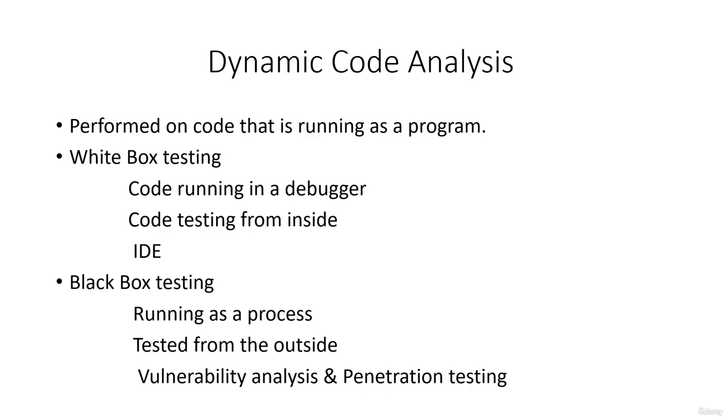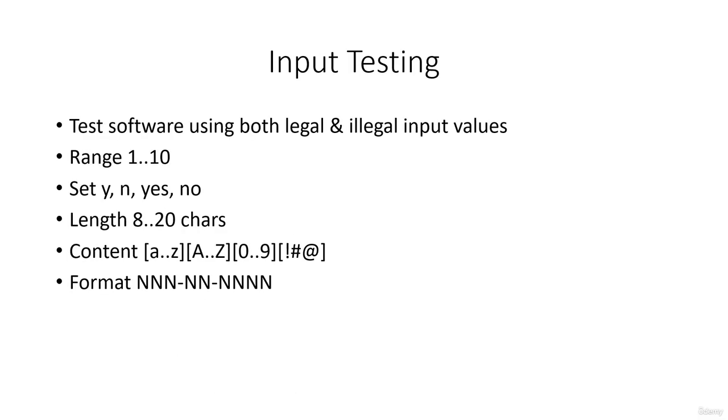In input testing, the ability of a program to handle several characteristics of input data is proven. Range testing tests data input as a range of legal values, say 1 through 10. Any input outside of this range is illegal and should be handled properly and not considered a legal value.